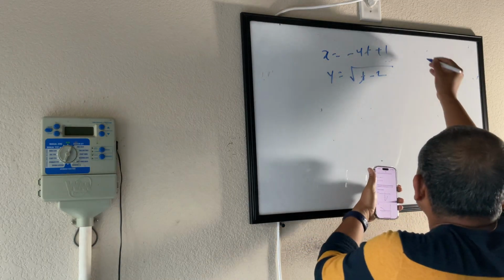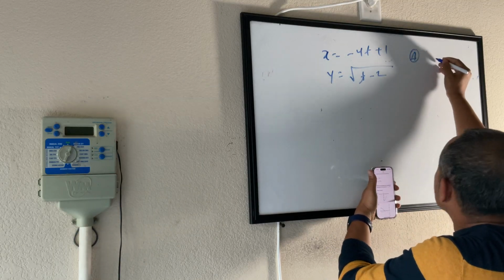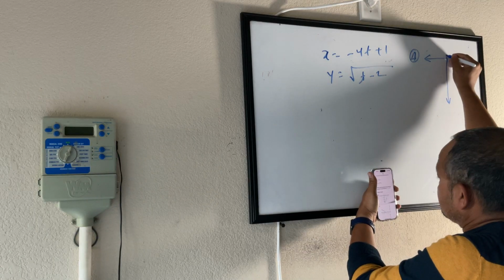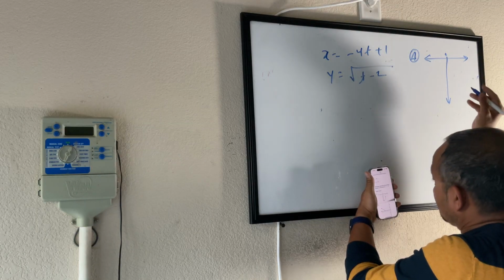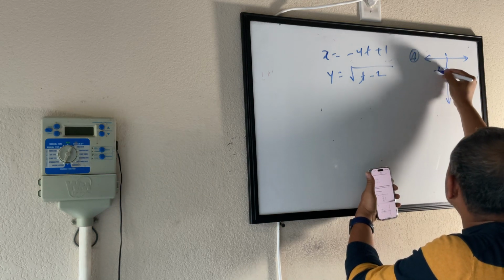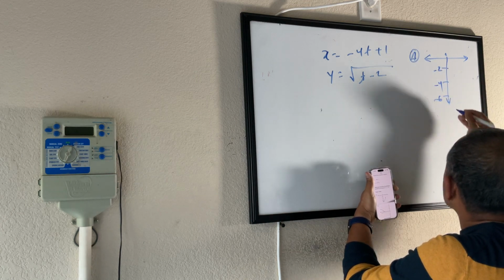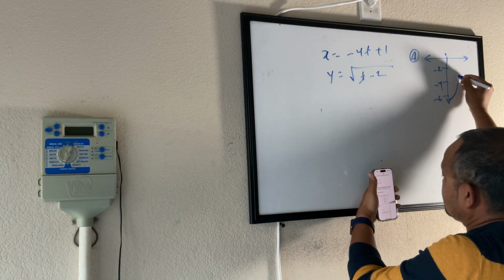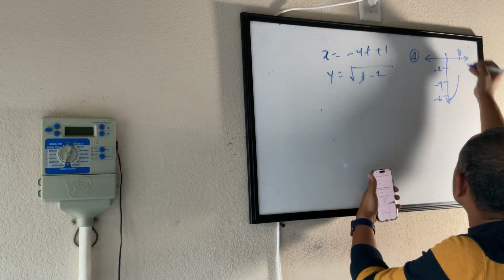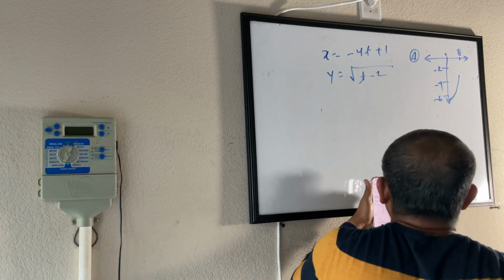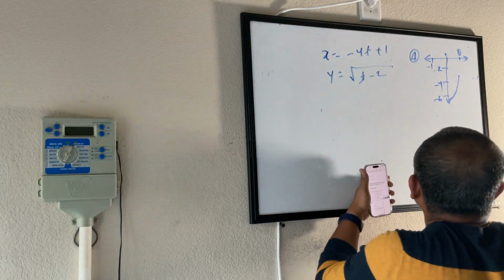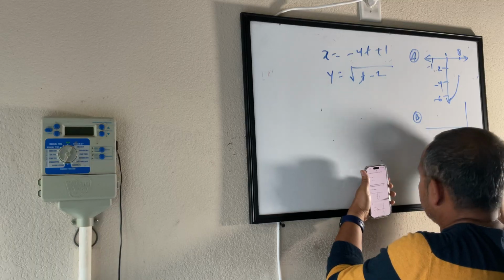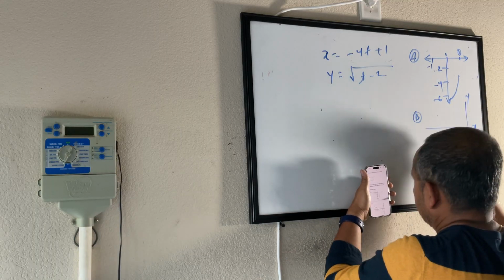And then there are four graphs given, okay? This is the x-axis, this is the y-axis, this is how it is drawn, so I'm just drawing it the same way. Minus 2, minus 4, minus 6, and this is going from here to 3, and this is 1, and this is minus 1. This is one graph.